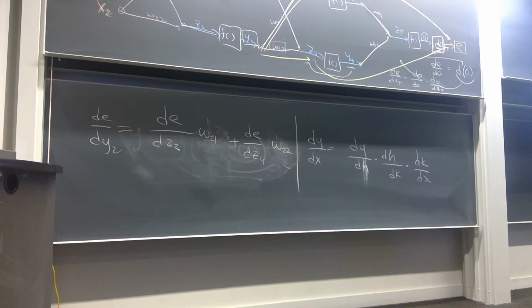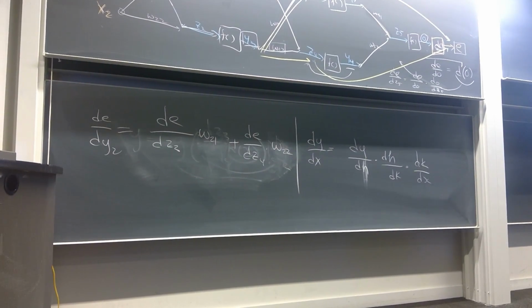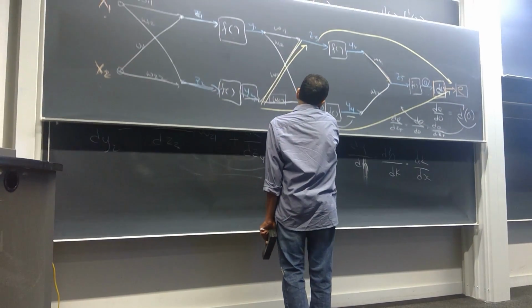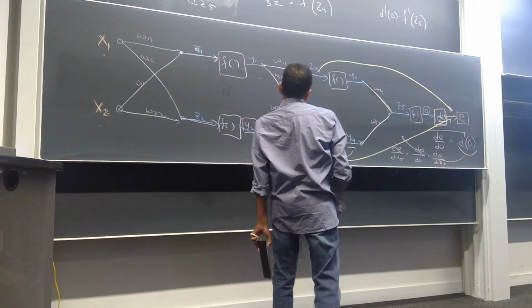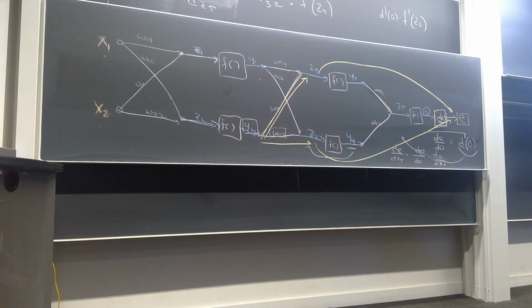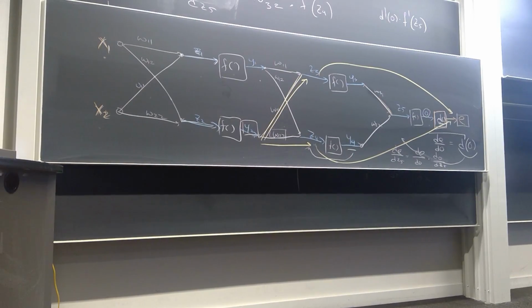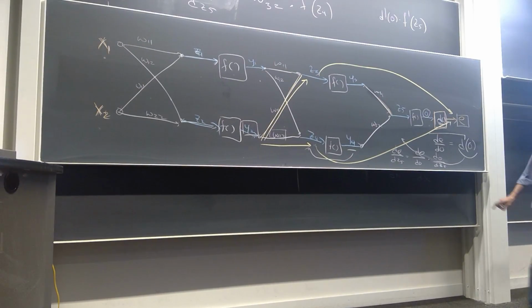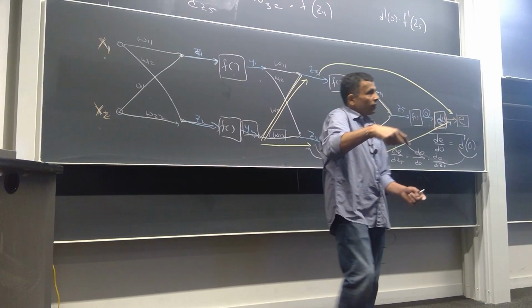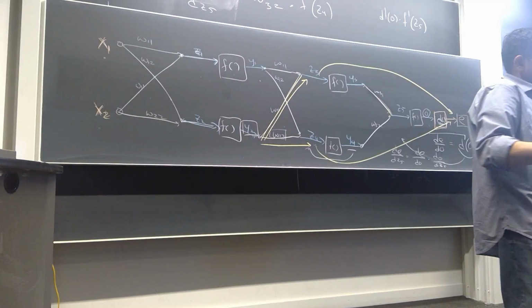Make sense to everybody? And just to emphasize the point, now suppose I want to compute the derivative of E with respect to y1. What are the chains over here? If I want to compute the derivative of E with respect to y1, what are the chains of influence I have to follow?